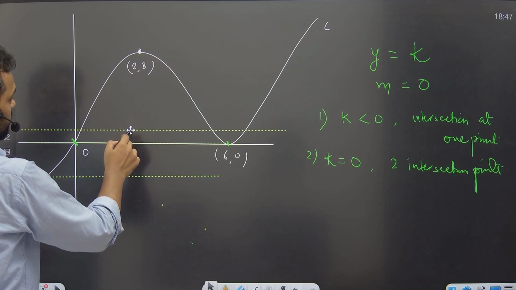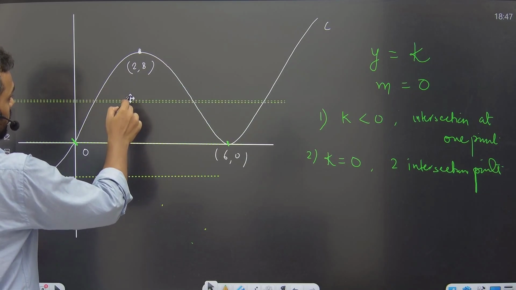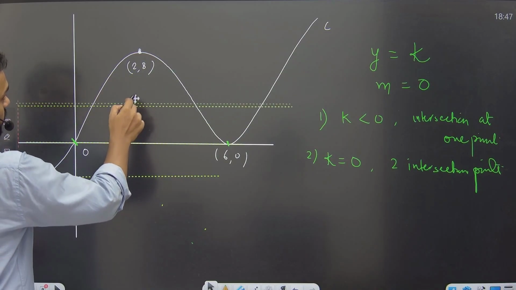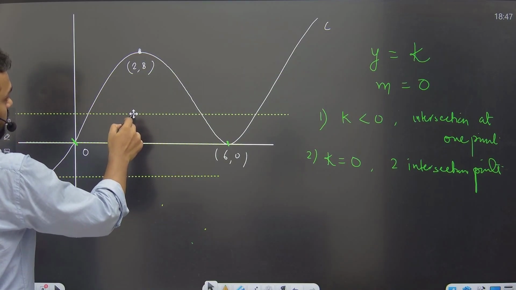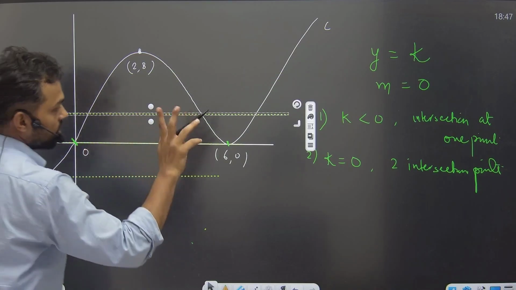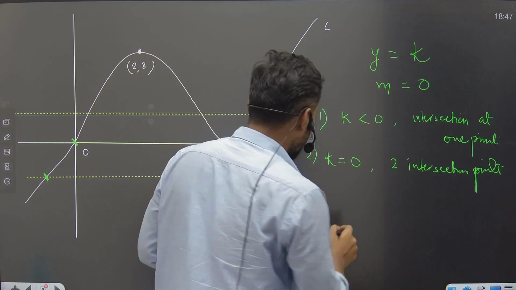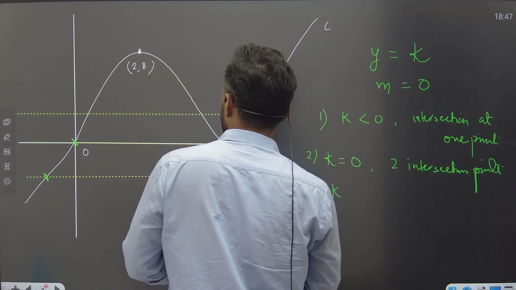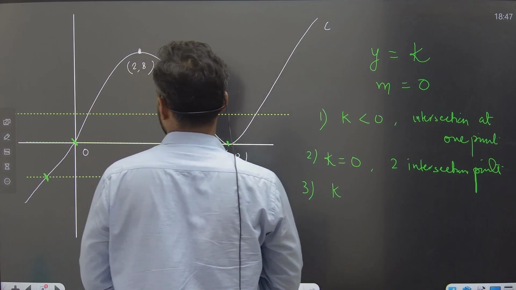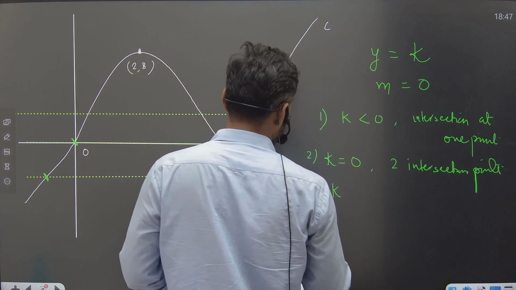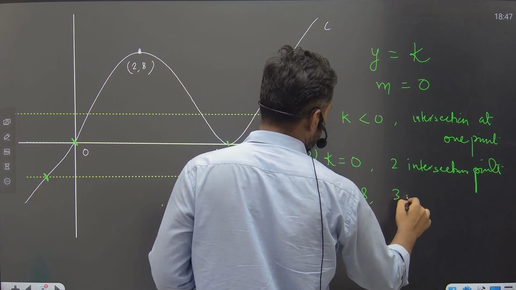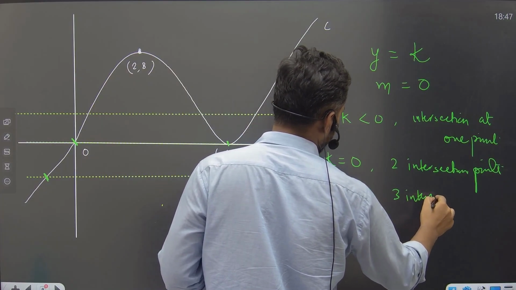Let's move this like this. We can observe here, students, that it is getting intersected with the curve C at 3 points. So I'll write it here. When k is lying between 0 to 8, how many intersection points are we getting? 3 intersection points.